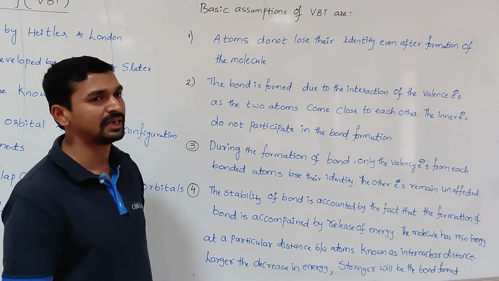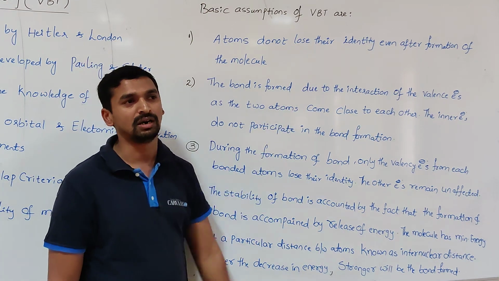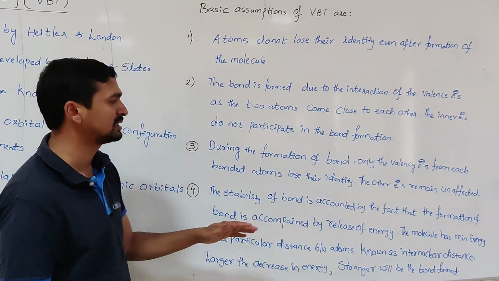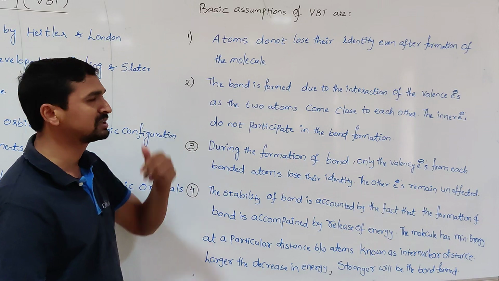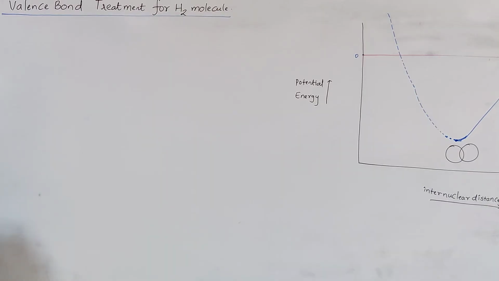To understand this valence bond theory more clearly, let us take how the hydrogen molecule is formed. I will take this example and try to explain it based on the assumptions of valence bond theory. So let us take the formation of the hydrogen molecule.